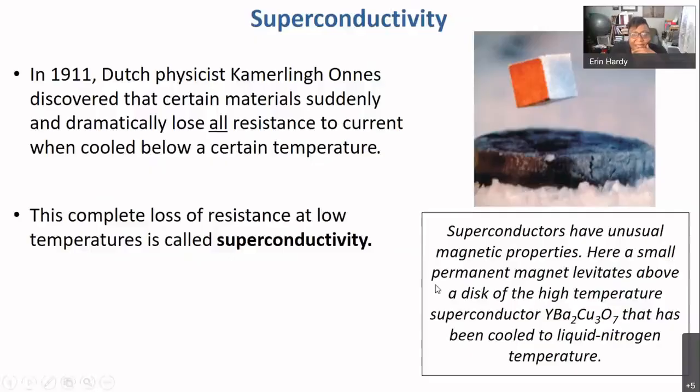So this last bit here is a decent place to pause with superconductivity as a concept. There's a brief discussion about this in the textbook. There's not a whole lot that we can do with superconductivity in this course, but there are some materials that have essentially variable resistance to current when you change their temperatures.